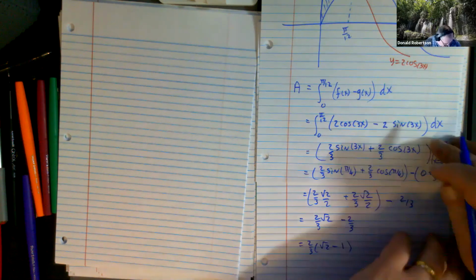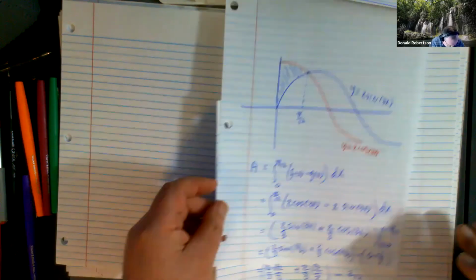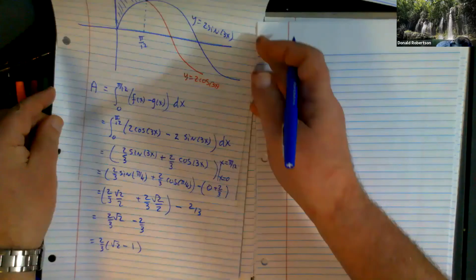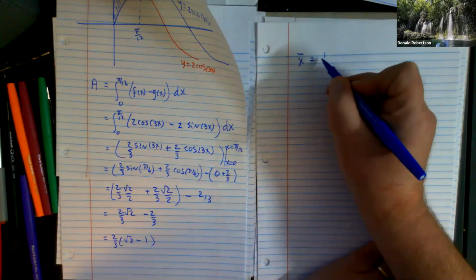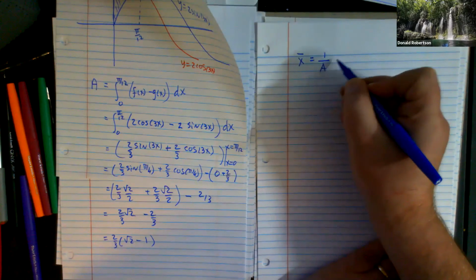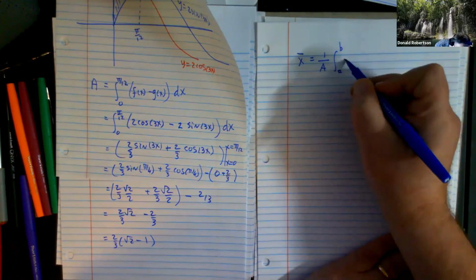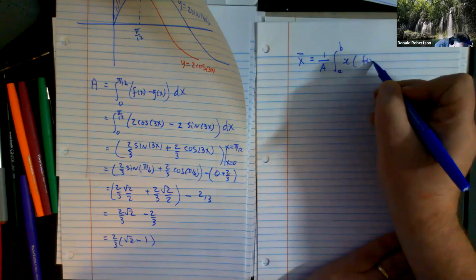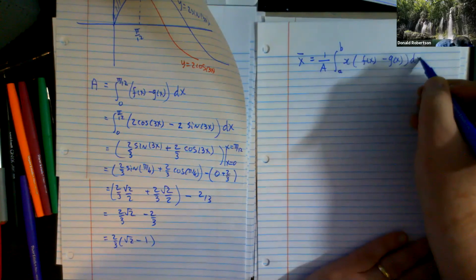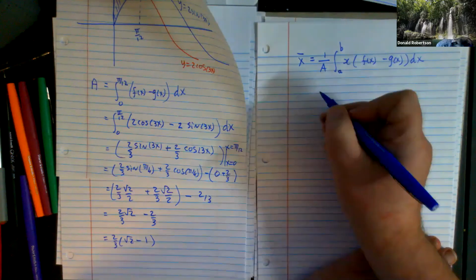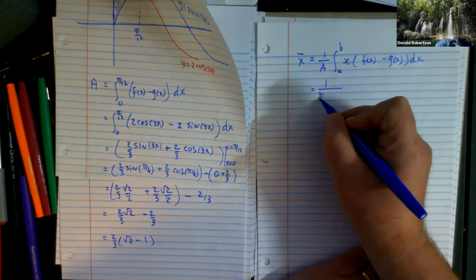Now, I guess this will be the last question, but that's fine. We're now going to get x bar. It's 1/A, the integral from a to b of x, f of x take away g of x, dx. So 1 over that ugly mess. I really can't do much to make it look pretty.